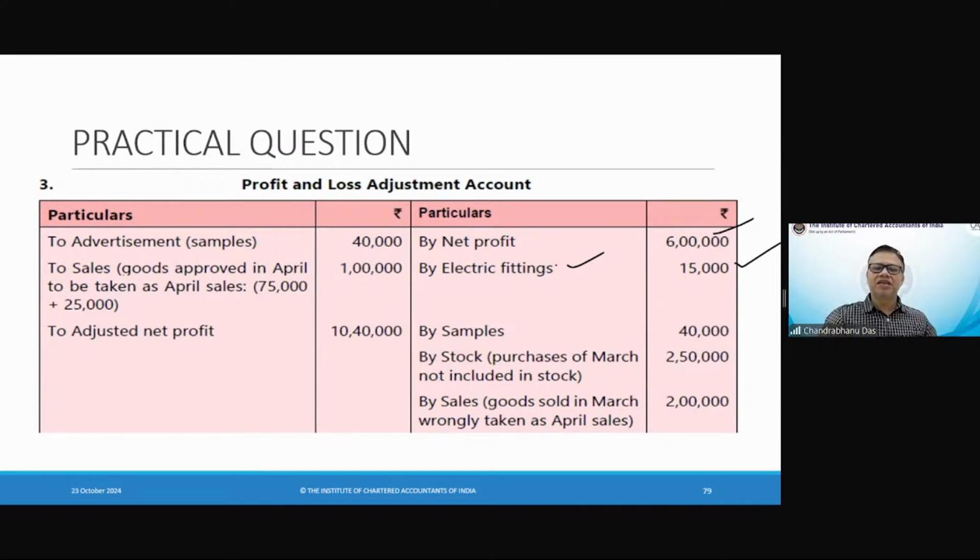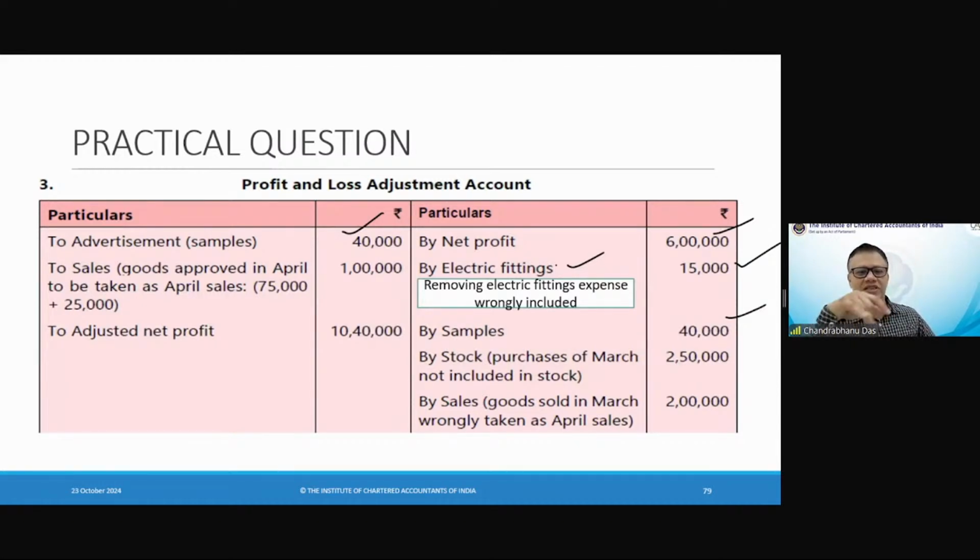Then what happens? You have sent the goods as free samples. Now, whenever we are sending goods as free samples, we are promoting our sales. We are giving a trial. It becomes an advertisement expenditure. So we remove the electrical fitting expense wrongly included, and we debit the advertisement samples, and here you credit the samples, you include the samples, buy samples 40,000 in the closing stock.